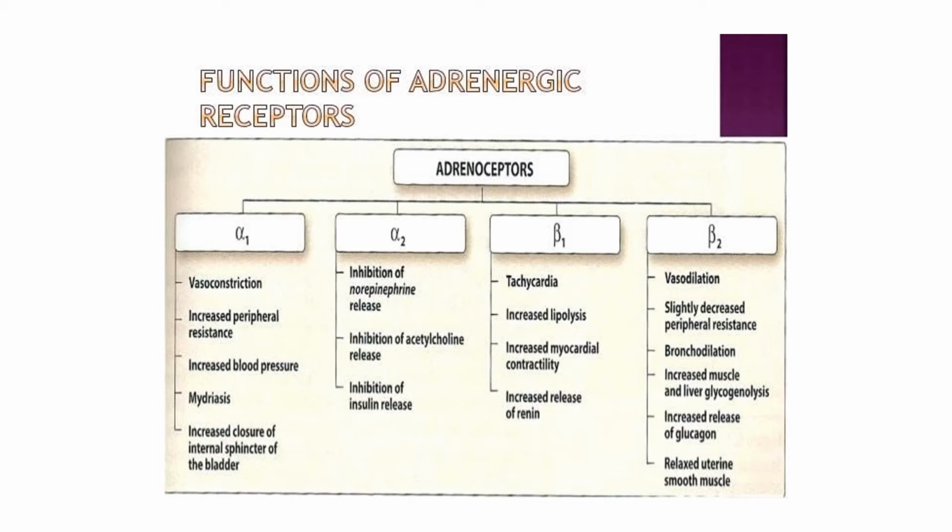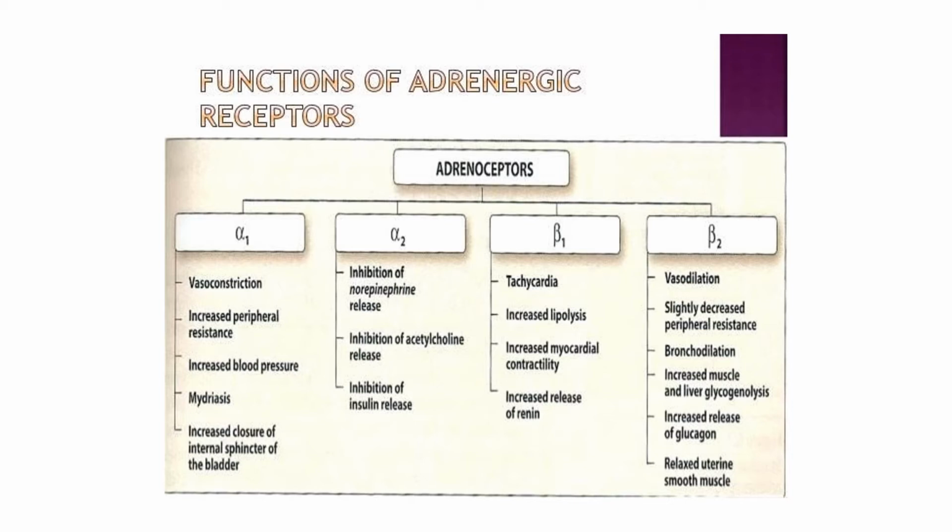If I say I'm going to give an alpha-1 agonist, I can just think of all the places where an alpha-1 agonist works. I'm going to give a beta-1 agonist. Well, I know beta-1 is basically the heart. I'm going to give a beta-2 agonist. Okay, so it just depends. Each drug that we might use will have a preferential receptor that it likes.